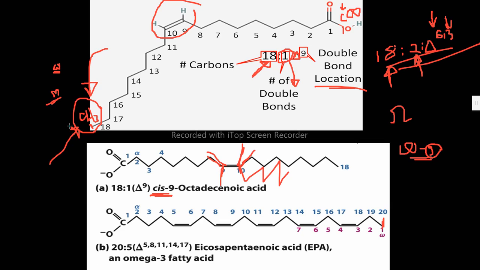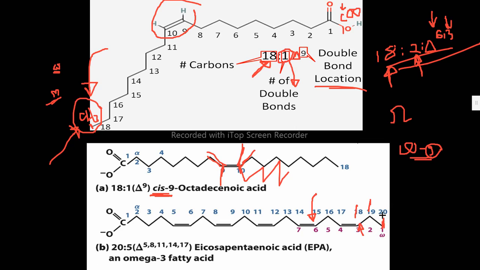So the omega 3, the double bond is on carbon number 3 with respect to the omega carbon. This is going to be 1, this is going to be 2, and this is going to be 3. Then with omega 6, the double bond is on carbon number 6 with respect to the omega carbon.